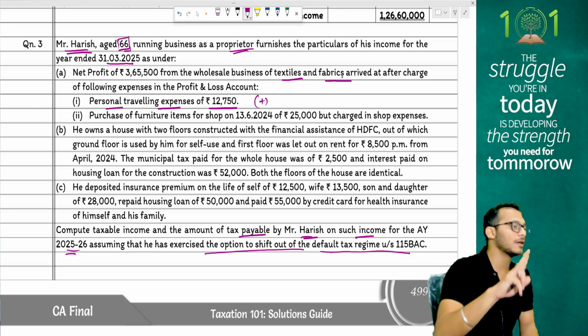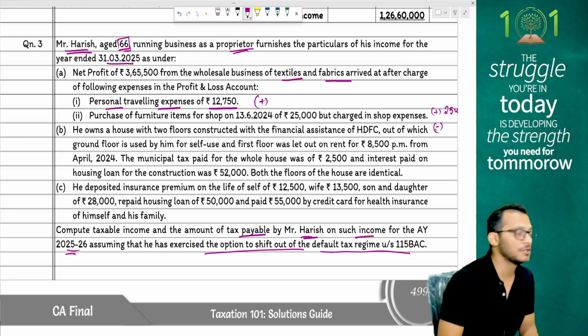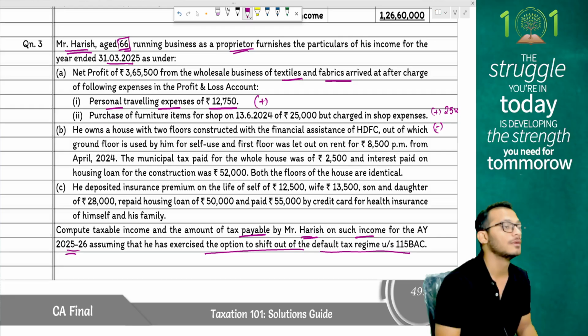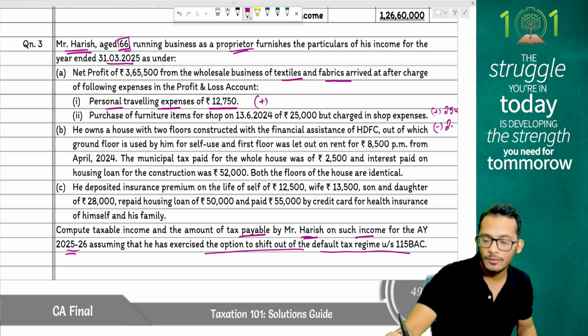So two things will happen here. Item number one, disallow the whole expense and then claim depreciation. The asset was purchased on 13th June, which is more than 180 days... allowed depreciation at the rate of 10%. The number becomes 2.5.